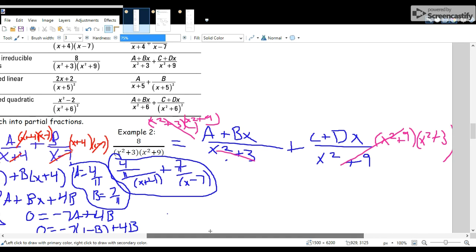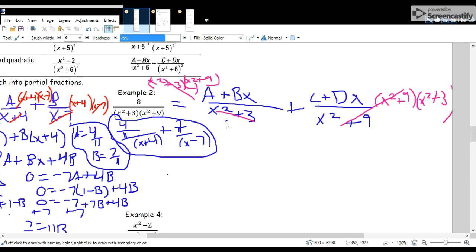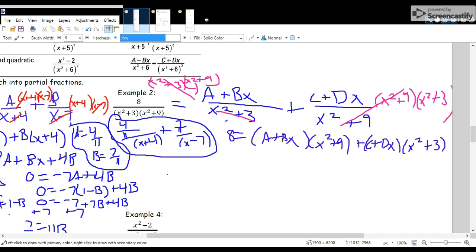So what you have left is 8 equals (a plus bx) times (x squared plus 9) plus (c plus dx) times (x squared plus 3). So using box or FOIL, you'll go ahead and multiply each of these out.